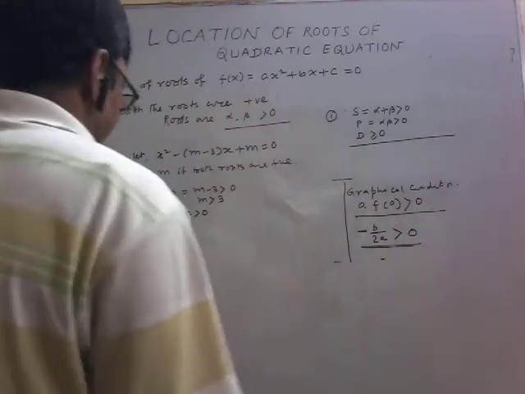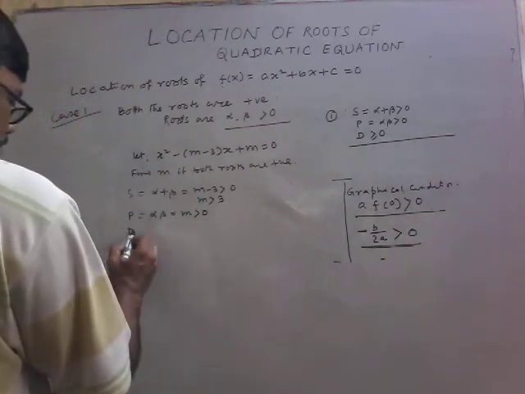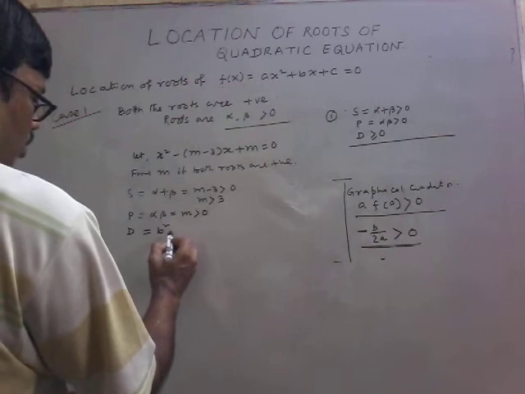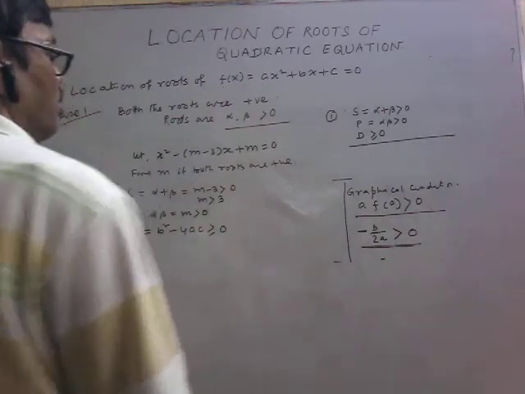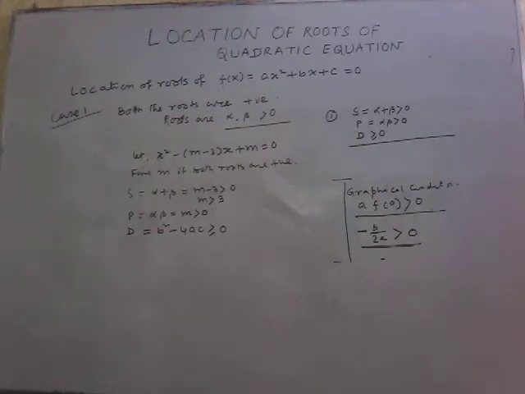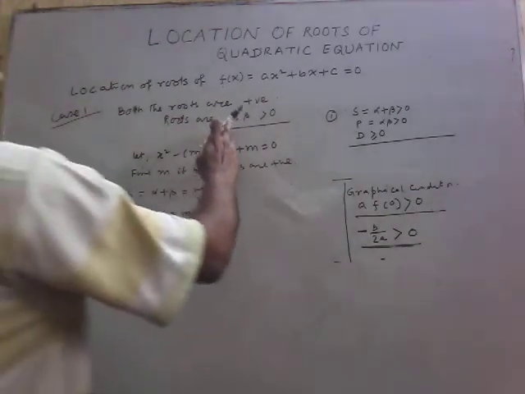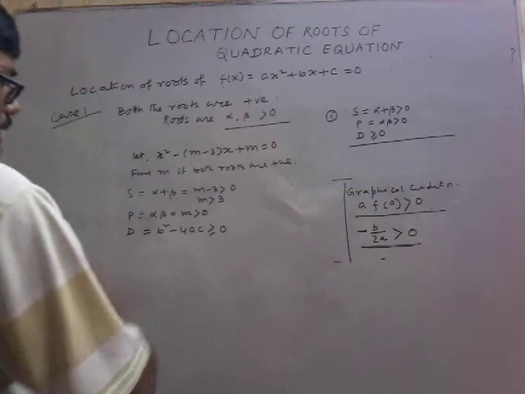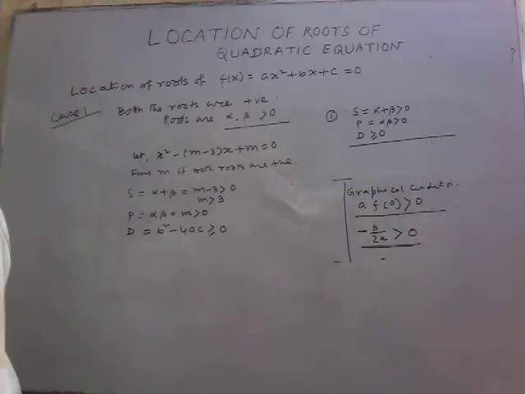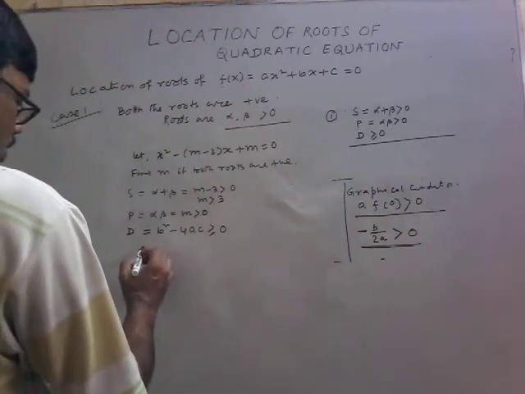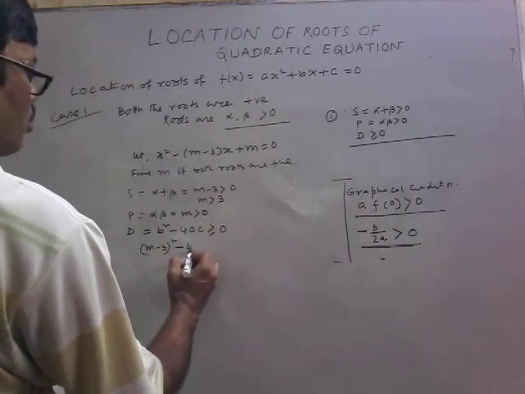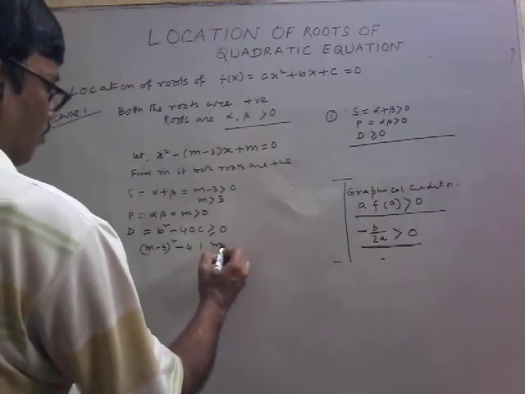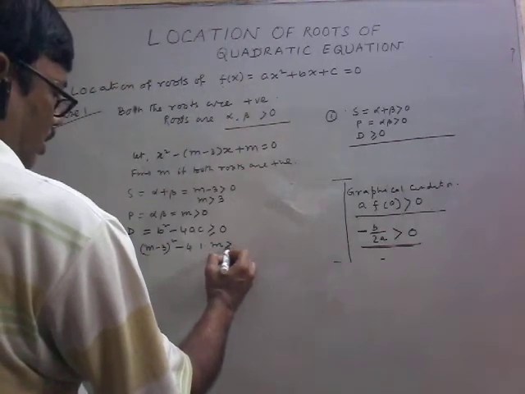Then d, b square minus 4ac greater than equals to 0. If alpha beta is distinct, then only greater than 0. So (m minus 3) whole square minus 4 into 1 into m greater than equals to 0.